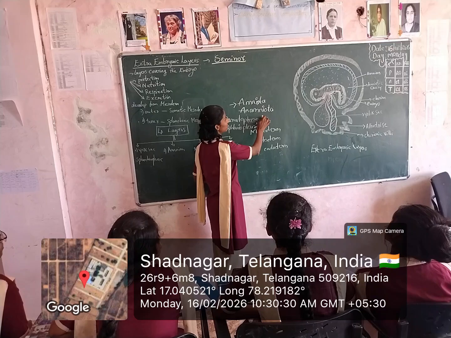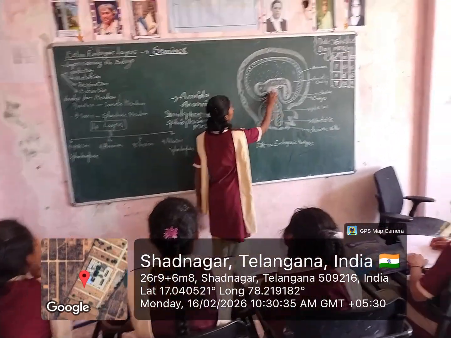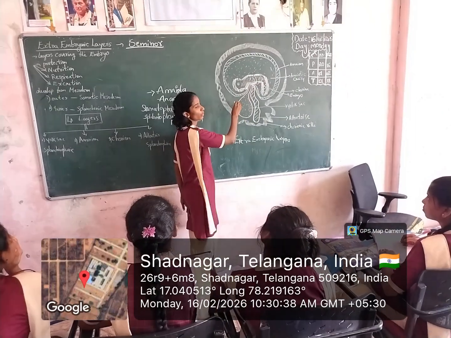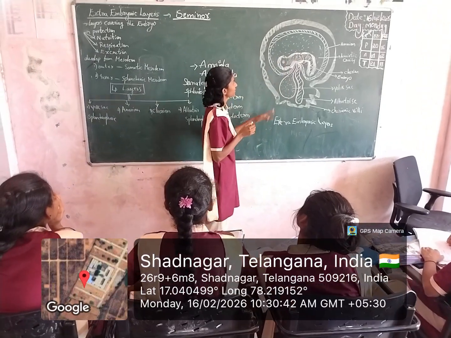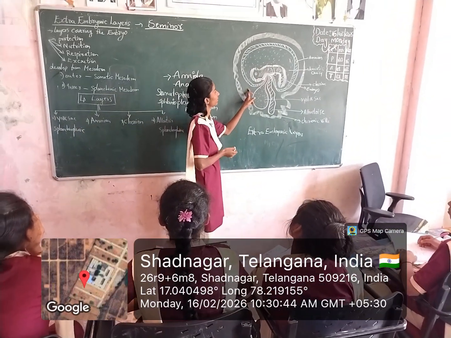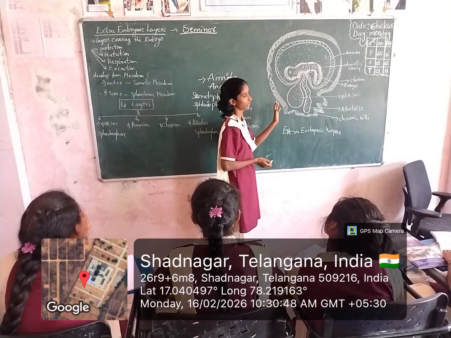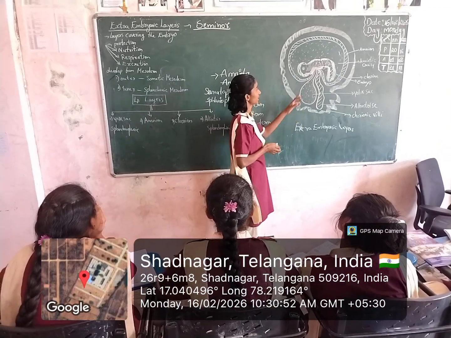Amphibians and fishes do not contain the amniotic membrane. Okay? This amniotic membrane contains amniotic fluid. The fluid acts as an efficient shock absorber. It protects the developing embryo from mechanical pressures, both internal and external.